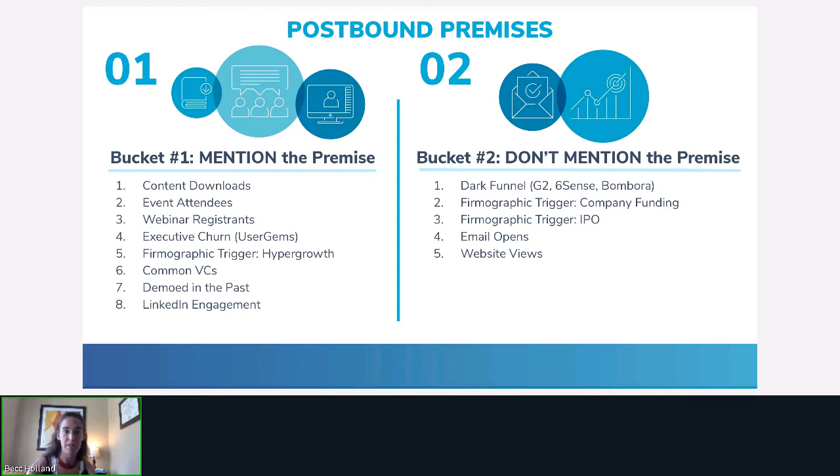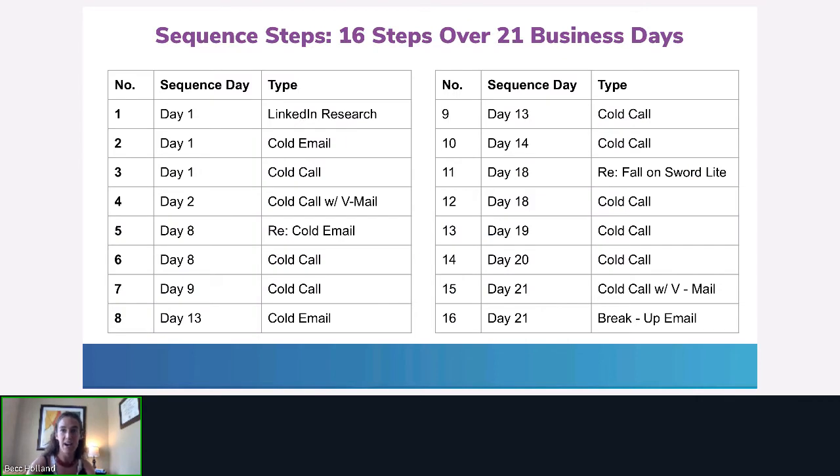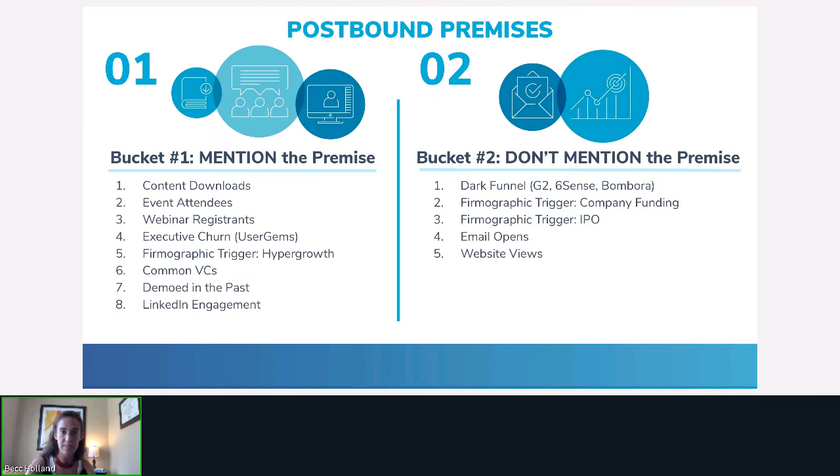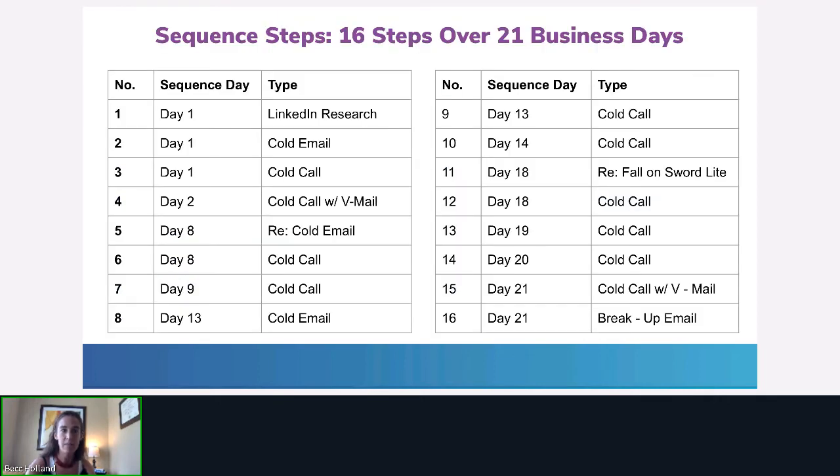We talk all about the buyer themselves. And again, this is a high-level crash course, so I'm just going to go very quickly here, but you can look more into that session, personalization at scale. But every single sequence, regardless of which one of these sequences it is, is structured the same. It's over 21 business days. We have 16 steps.